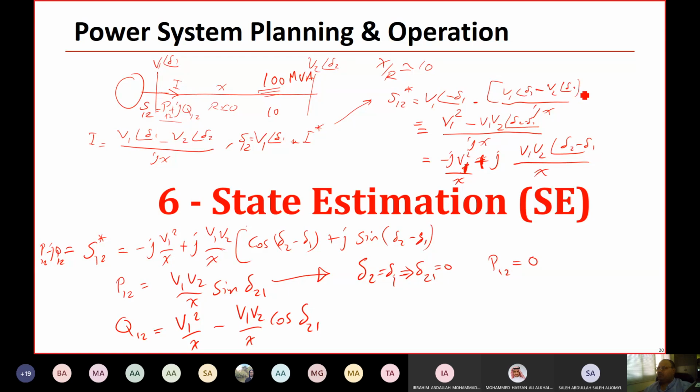This is V1 minus V2. Doctor, the multiplication of j and j, isn't it minus 1, j squared? Yeah, j squared is minus, yes. And S12, then P12, isn't it? We multiply j V1 V2 over X by j sine, so it should be minus.